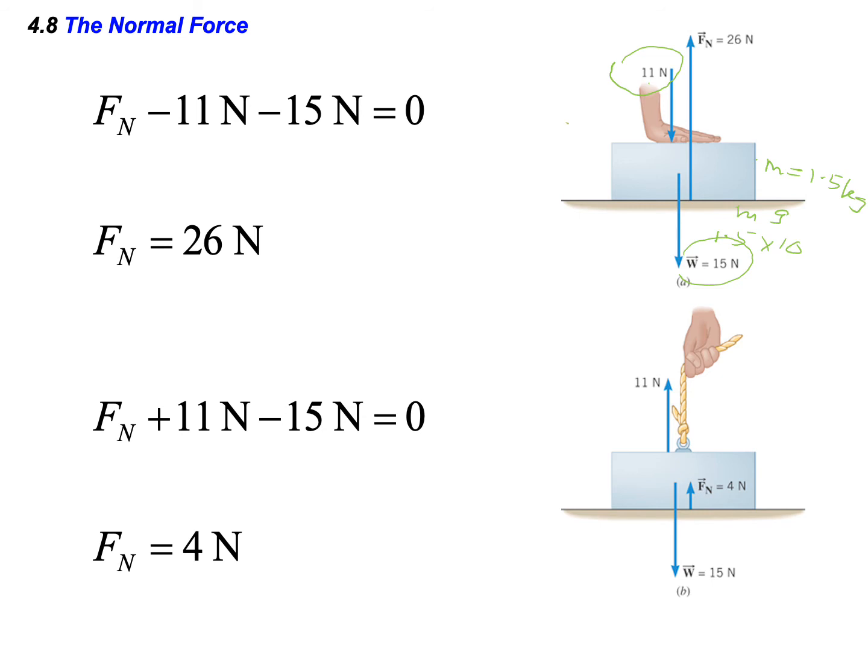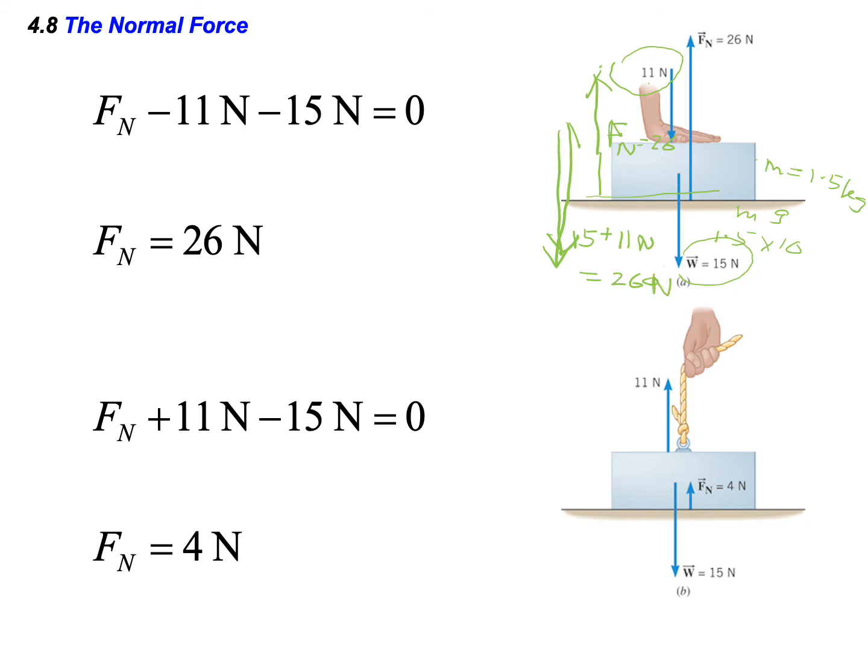Both those forces are in this direction. So 15 plus the force you apply from your hand, you get 26. Now your normal force has to balance this force pointing down. Therefore, your normal force is same as that force, but opposite direction. So this is 26 Newton.